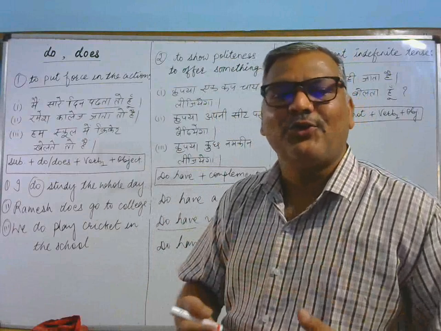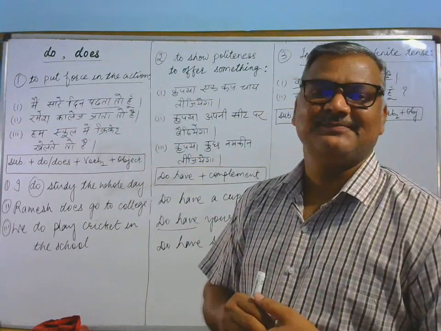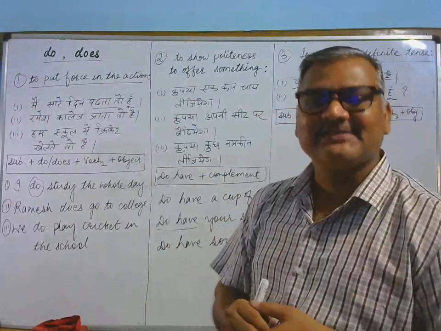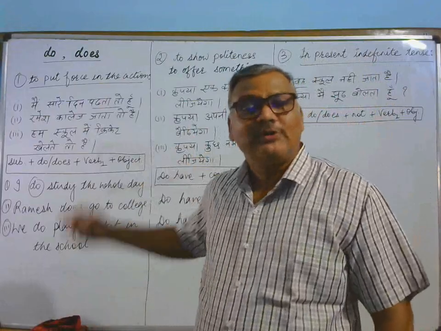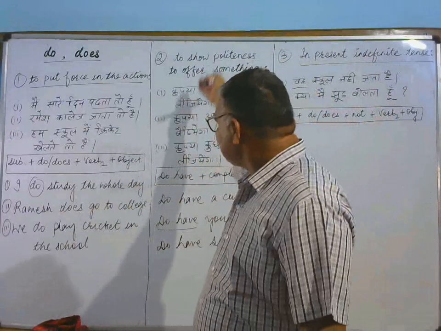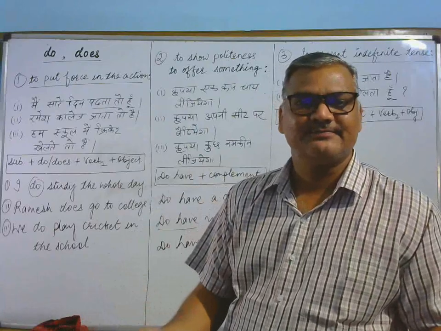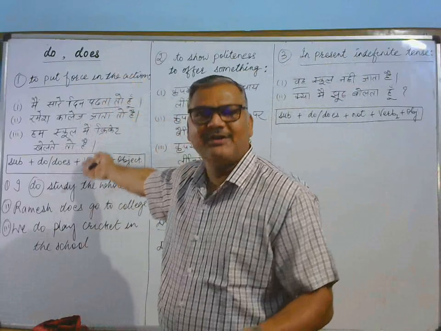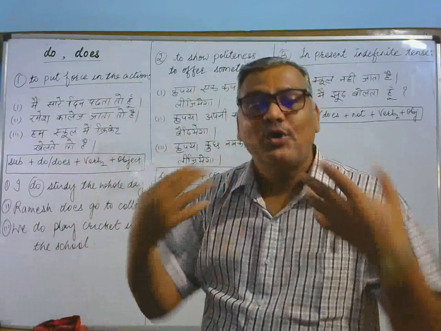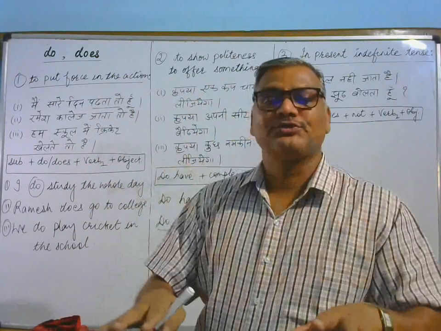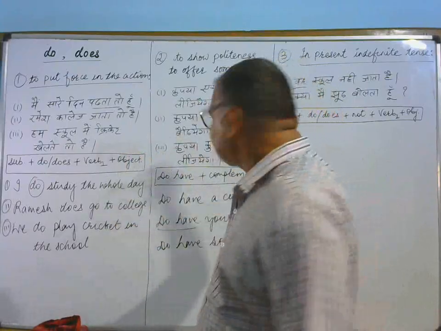You want to show the offering from your heart to someone that you are offering snacks. So, my dear friends, do is used in such type of sentences, offering sentences. In offering, we have learned here the use of do and does to show your force, to show your emotion on the actions.